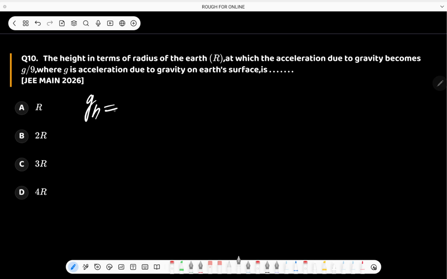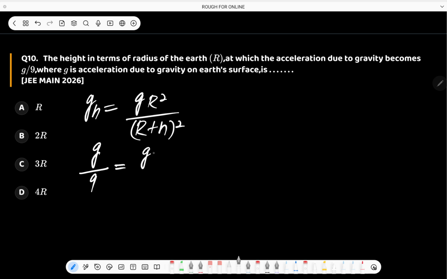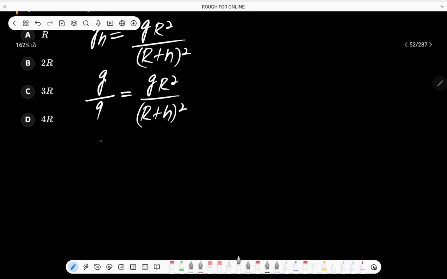The acceleration due to gravity at height h is g r square divided by (r plus h) whole square. Now g h is given as g divided by 9, which is g multiplied by r square divided by (r plus h) whole square. The g and g will cancel. We get 1 by 9 equals r square divided by (r plus h) whole square.